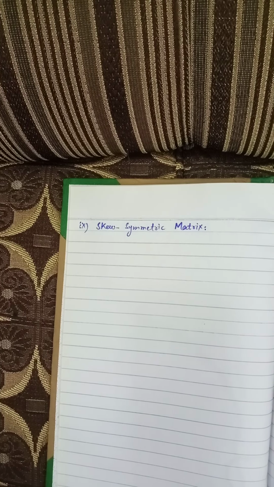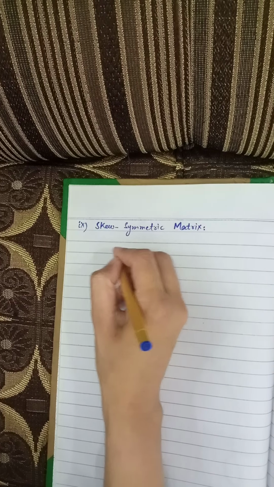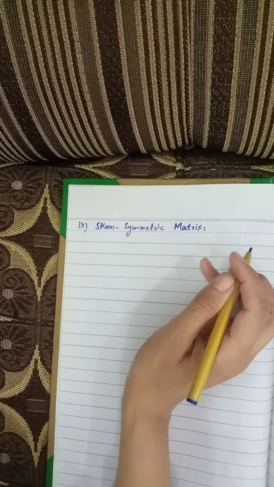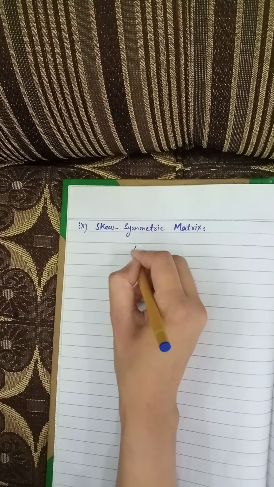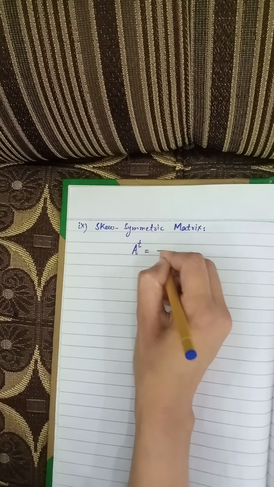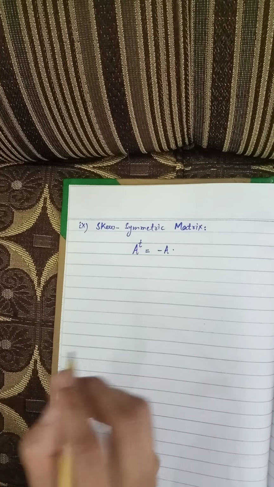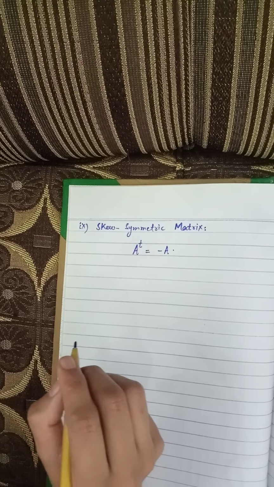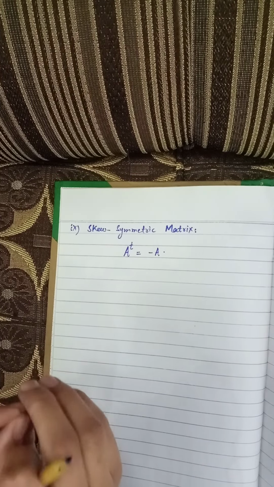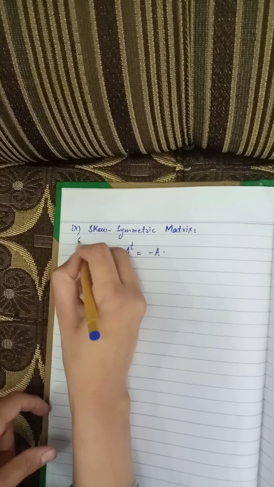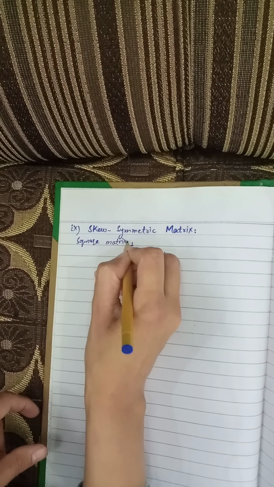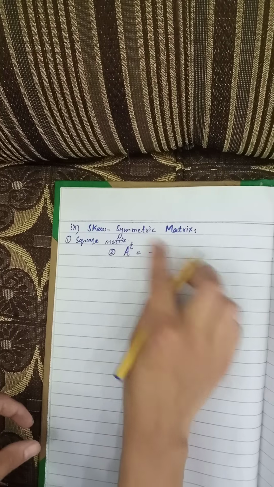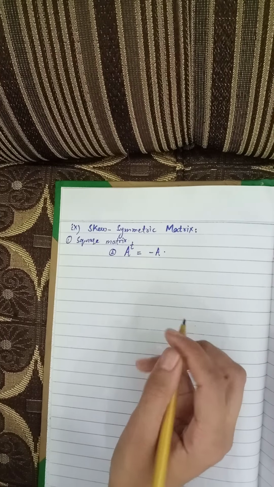A square matrix is said to be skew symmetric if A transpose is equal to minus A. The first condition is that the matrix should be a square matrix. And the second condition, the most important, is A transpose equal to minus A. If the matrix is not square, you cannot proceed further. But if it is square, then this condition would apply. Let's take an example.